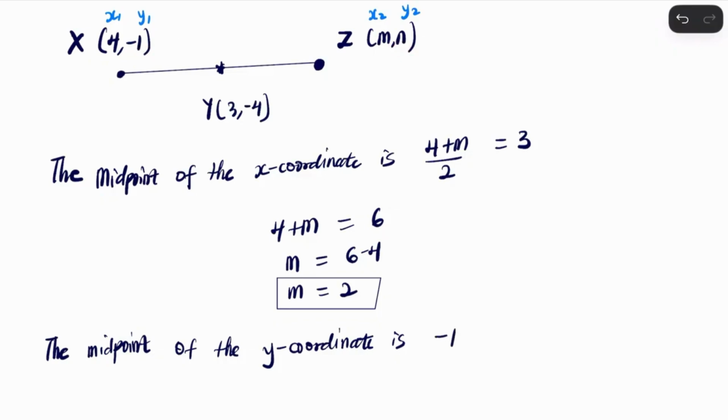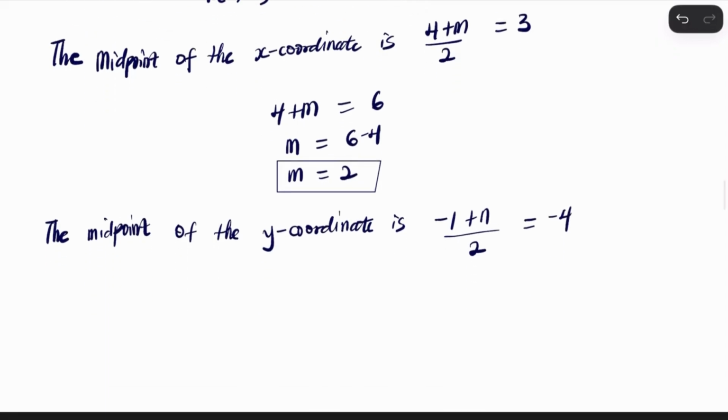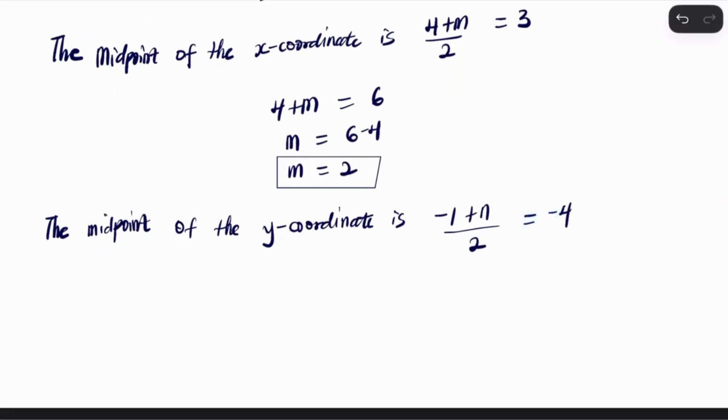So we have minus 1 plus n divided by 2 is equal to minus 4. Now let's solve for n. So you cross multiply, that's minus 1 plus n is equal to minus 8. Hence n is equal to minus 8 plus 1. Thus n is equal to minus 7.